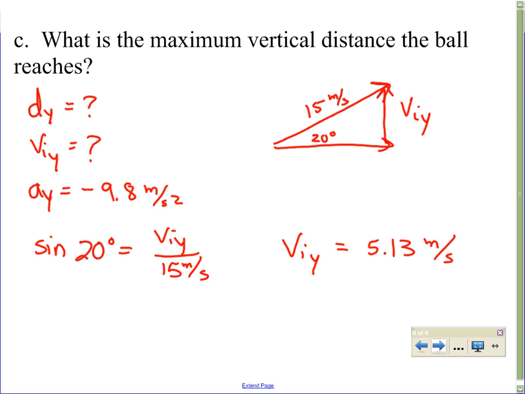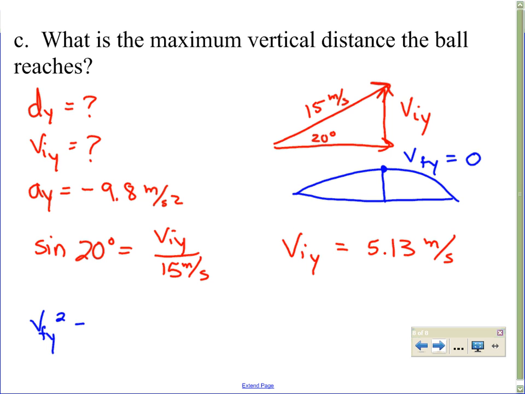Now, it says, what is the maximum vertical distance the ball reaches? So if you think about the complete trajectory of this ball, its maximum vertical distance is going to have a VFY value of 0, just like we did when we threw a ball straight up in the air. So one of the ways we can solve this is to use the formula that we just used, which is VF squared, in this case VFY squared, equals VIY squared plus 2AD.